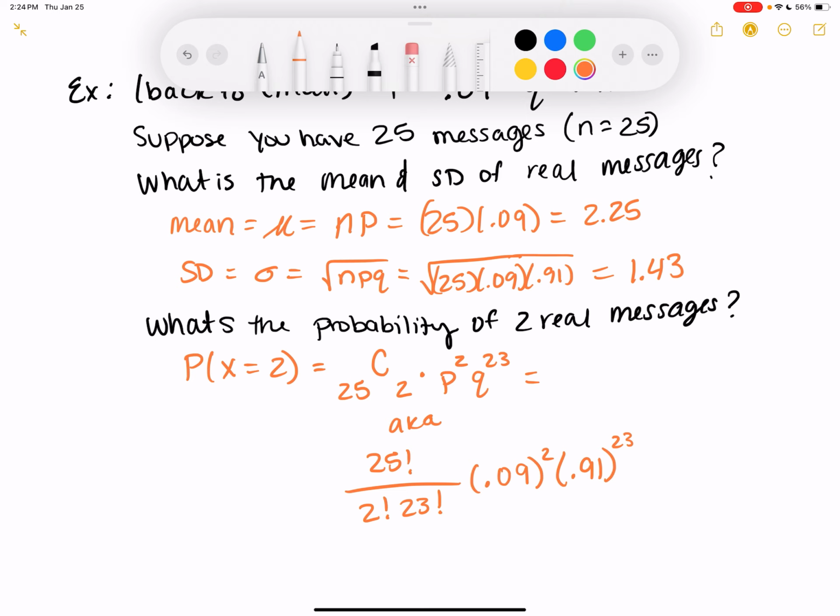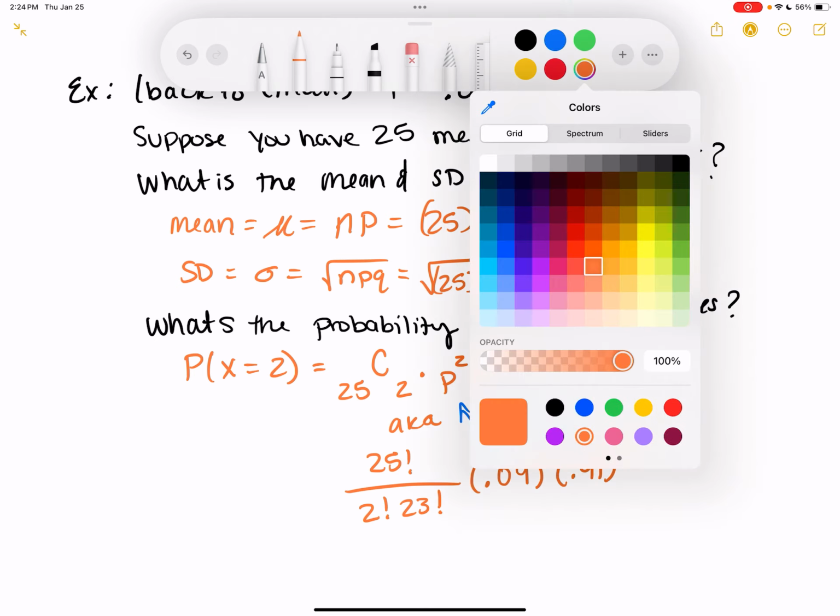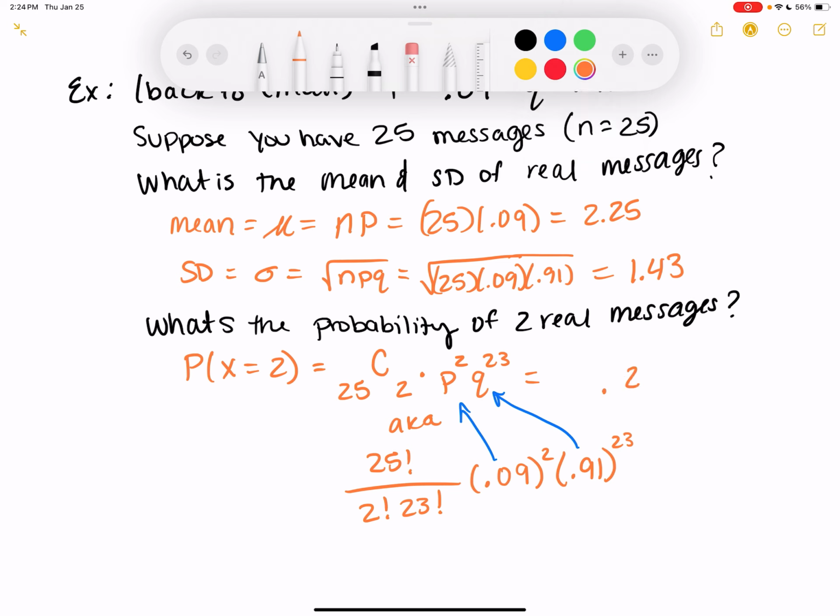Then you're going to multiply that by this part here. So just replace those numbers there. So times 0.09 squared times 0.91 raised to the 23. So I got 0.2777.